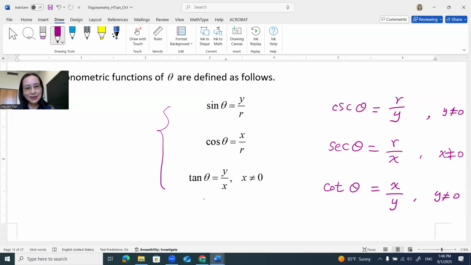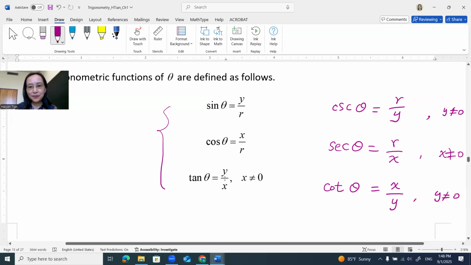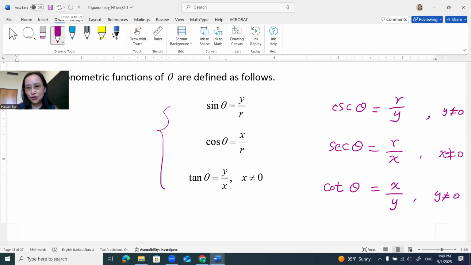Just get used to it: sine is y over r, cosine theta is x over r, tangent theta is y over x. And the other 3 are those. I just gave precise definitions of all 6 trigonometric functions.